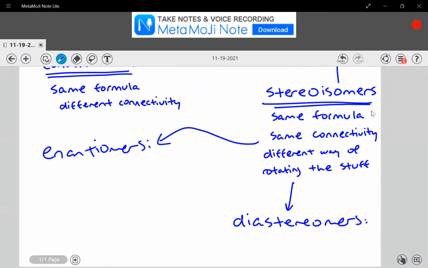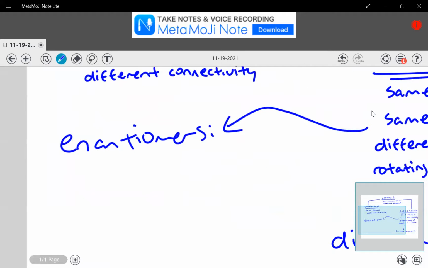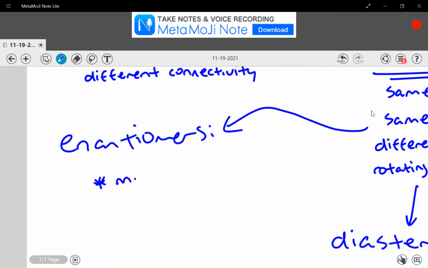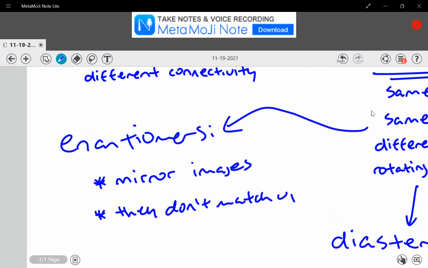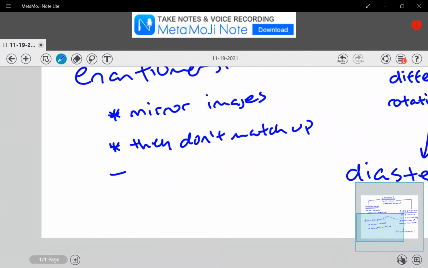Only difference between these 2 is that in enantiomers, they are mirror images. And guess what? They don't match up. You're not going to believe what they are. Enantiomers are really just chiral.